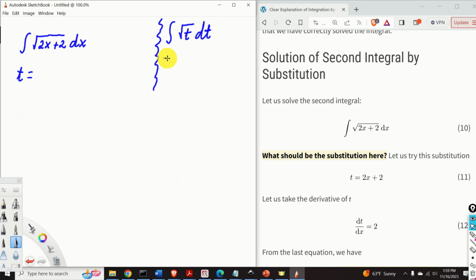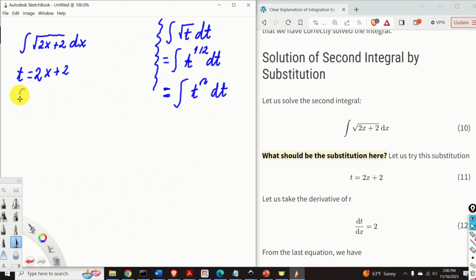Yes, we know how to solve this integral simply because we know how to solve the integral of t to the power 1/2 dt, and this is basically a general form that looks like t to the power n dt, and we know how to solve this integral. So that's the motivation. We want to make this integral look like this, and we can do this with the following substitution. t is equal to 2x plus 2.